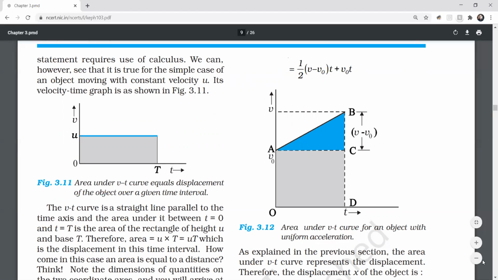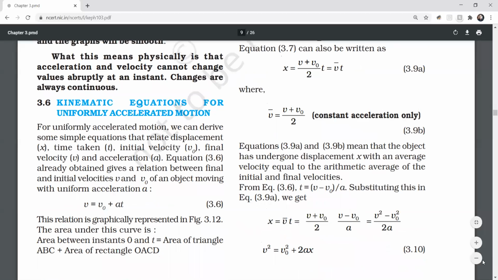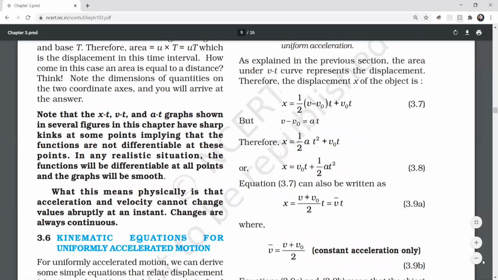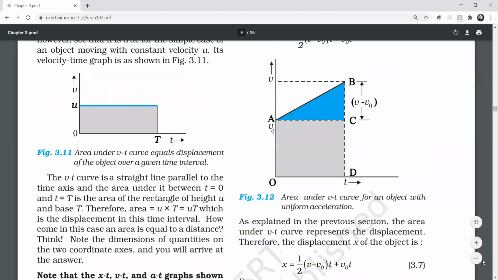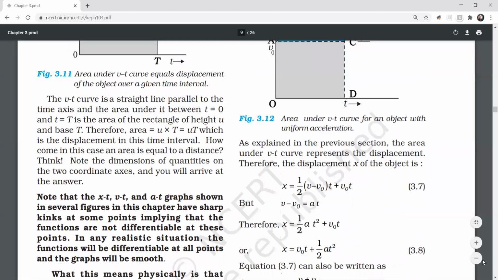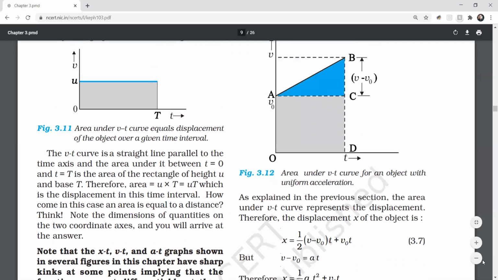Again, you can simply calculate the area by using the formulas, that is area of a triangle and area of rectangle. So area of triangle is 1 upon 2 base into height, and plus you have area of rectangle, that is length into breadth. So you use those formulas and you can very easily calculate that. The area under v-t, which is this part, represents the displacement.